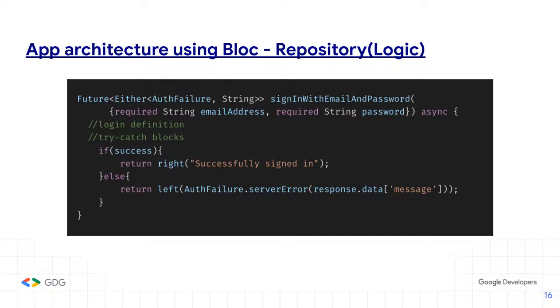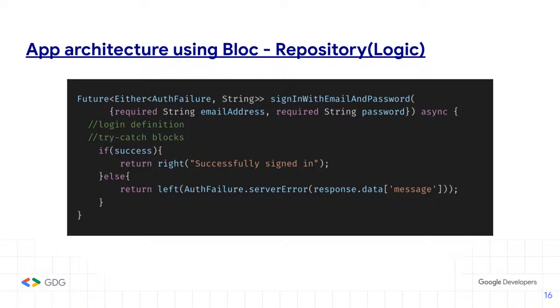So for authentication, I can have an authentication_repository, which is going to have a collection of methods that make calls to authentication APIs, like the sign in API. In this case, I have a sign in with email and password. There can be a similar one for sign up with email and password, or for forgot password, reset password, logout. So you can have different API calls here.